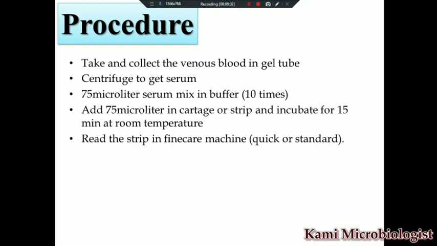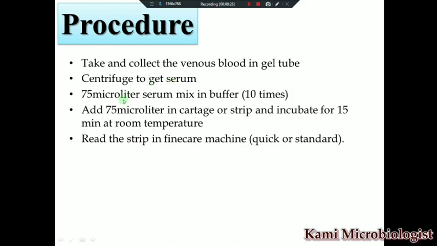Now let's see the procedure, how to perform the test. First of all, we have to take the patient blood sample in a gel tube or in a red top or green top tube. Once the patient blood sample is collected, it should be centrifuged to get the serum.